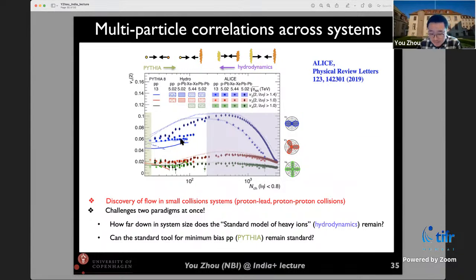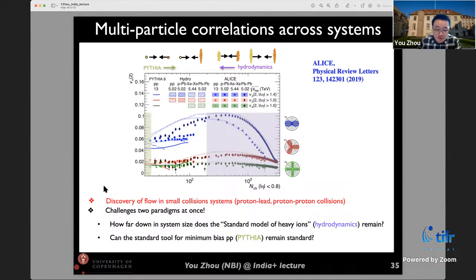But already for pp and p-lead, it is not so much smaller than lead-lead. And also, if you look at v3, they are almost compatible in pp and p-lead with lead-lead. And similarly for v4, which confirms there's an observation of flow already in small collision systems, including both p-lead and pp collisions. And the magnitudes are very similar to heavy ion collisions.